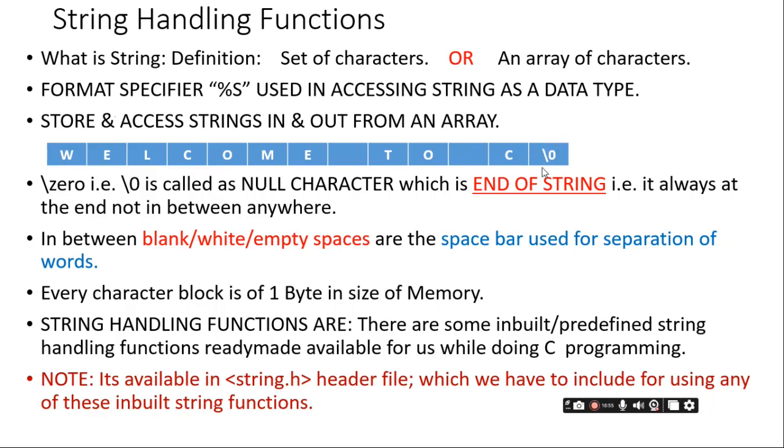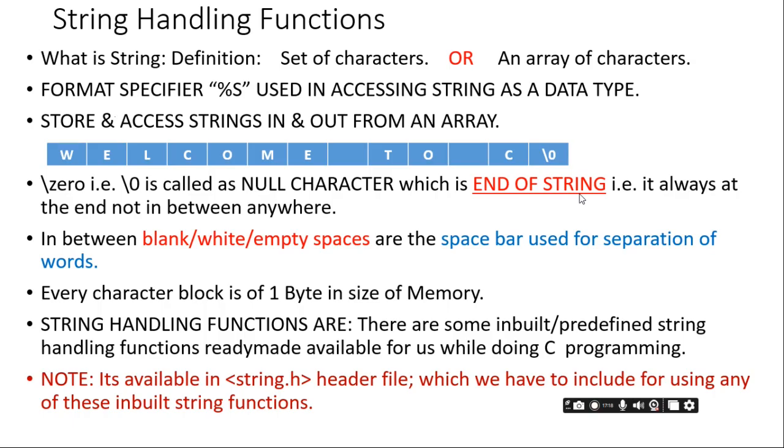So technically this character where the mouse pointer is pointing now is called the null character. So \0, that is symbolically presented like this, forward slash and 0, is called the null character, which is the end of string.